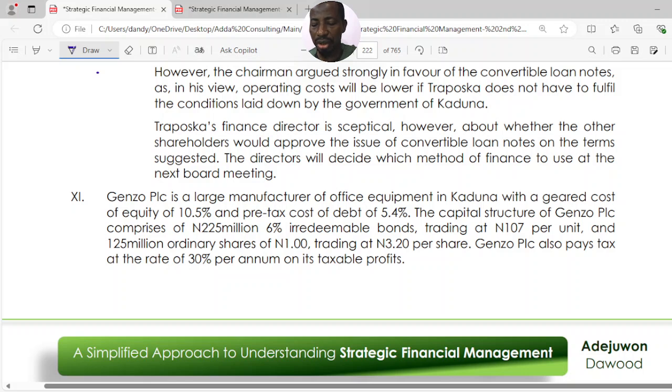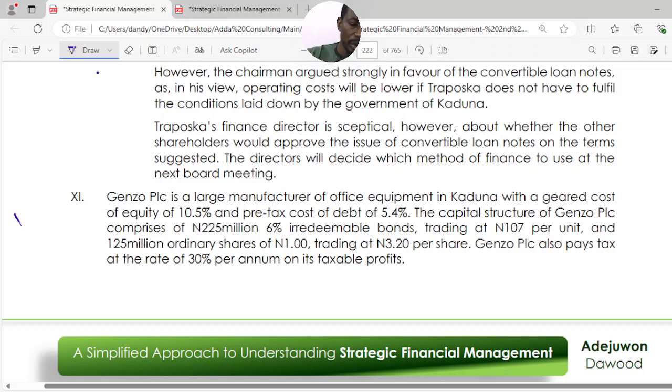The capital structure of Genzo PLC comprises 225 million naira, 6% irredeemable bond trading at 107 naira per unit, and 125 million ordinary shares of 1 naira trading at 3 naira 20 kobo per share. Genzo PLC also pays tax at the rate of 30% per annum on its taxable profit.